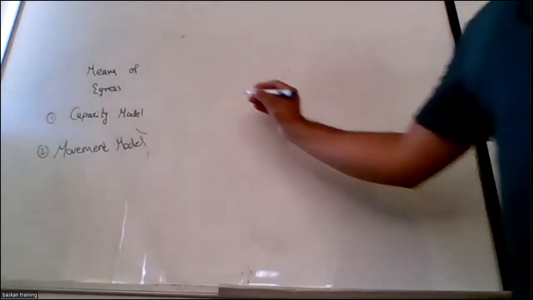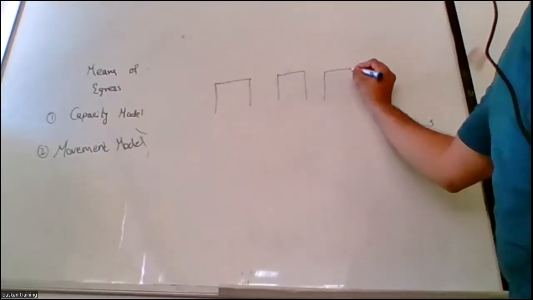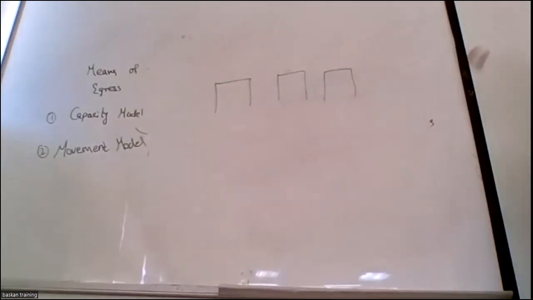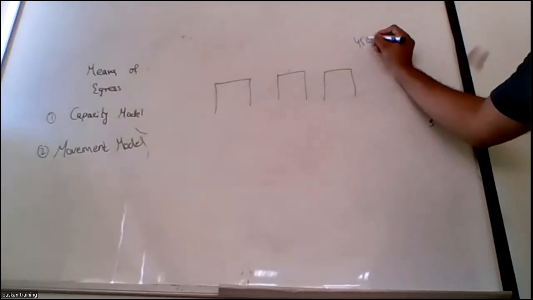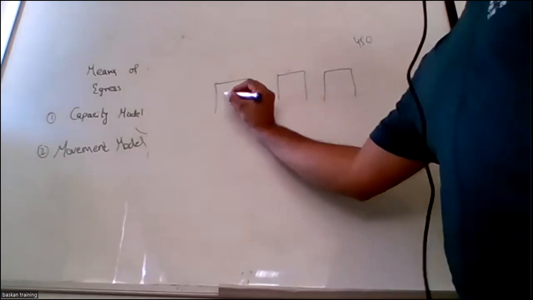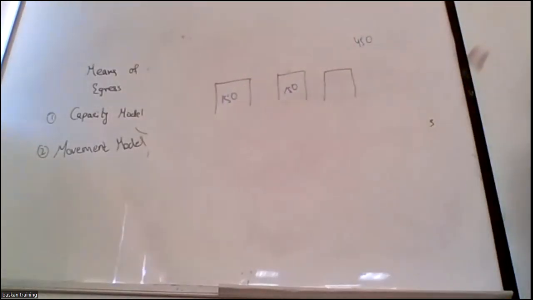So a movement model example: NFPA 101 says if you have 3 doors available, each door has an occupant load. Let's say you have a total of 450 occupants. Take for example, each door has the capacity of carrying 150, 150.